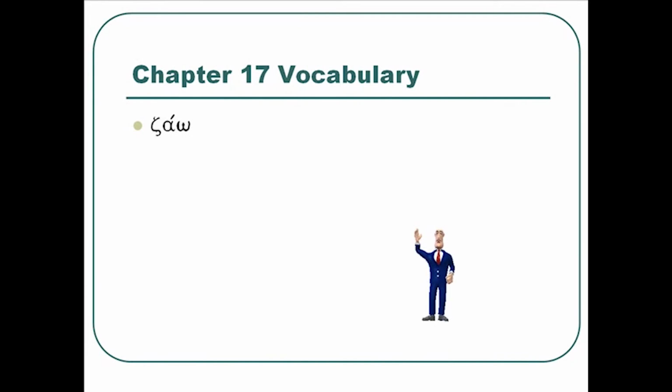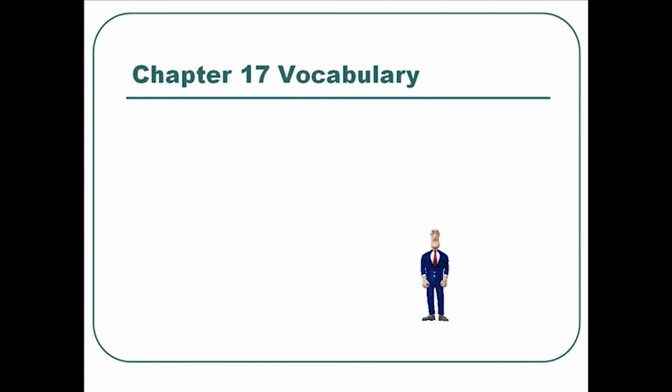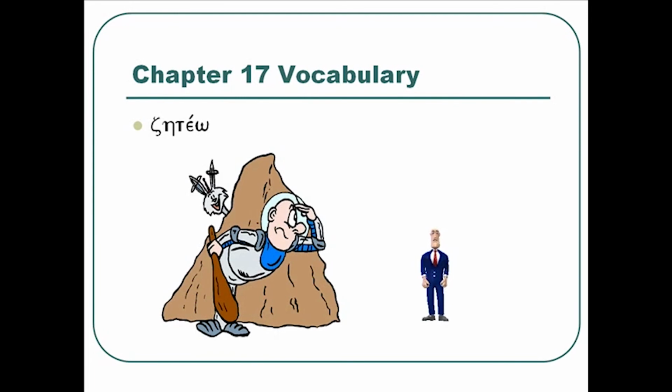Our third word is zao, and it means I live. The fourth word is zeteo, and it means I seek.